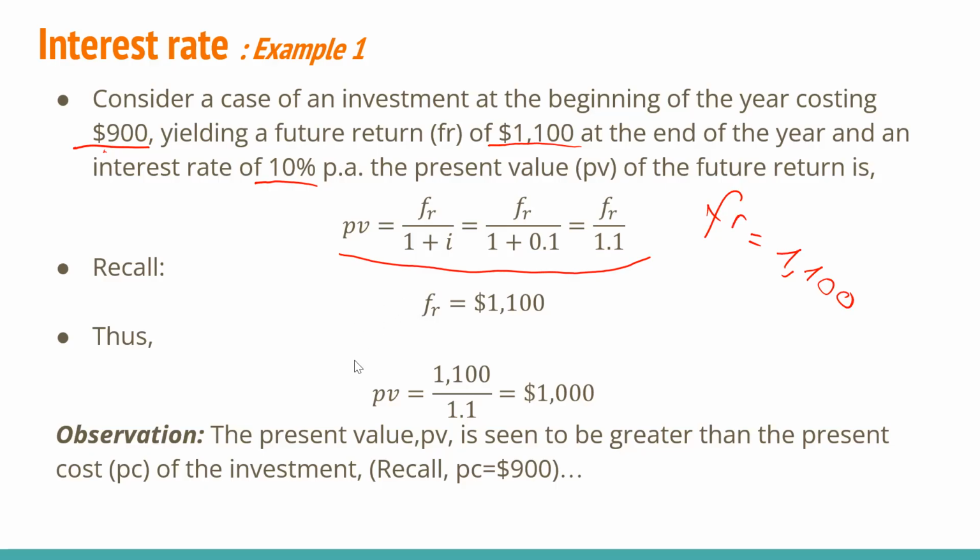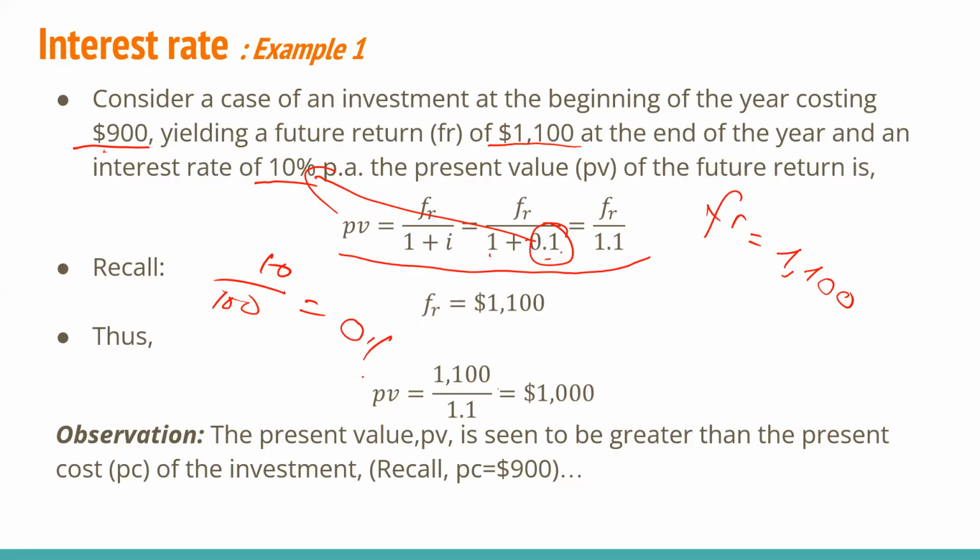So when we calculate it, the present value will be 1,100 divided by 1 plus 0.1. 0.1, of course, is from what? 10%. 10% is 10 over 100, which is 0.1. We have just converted that percentage into a decimal.